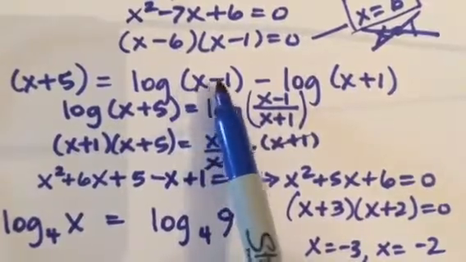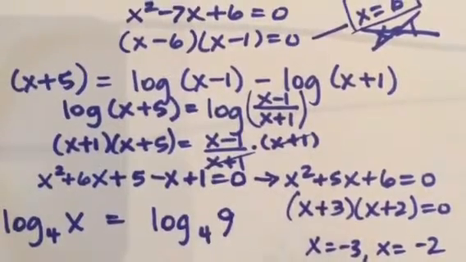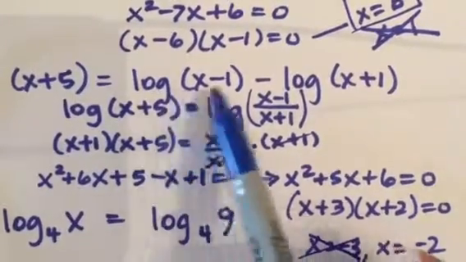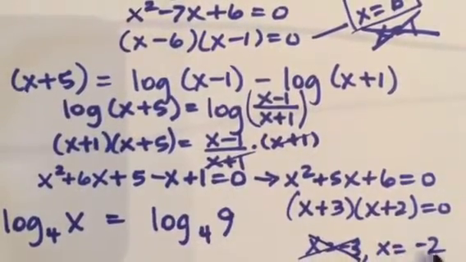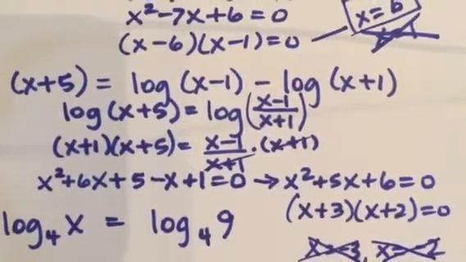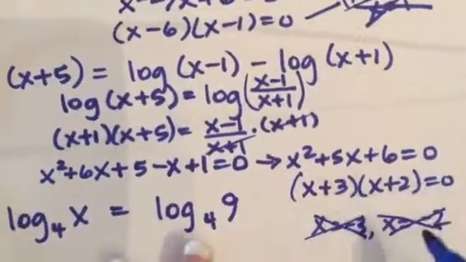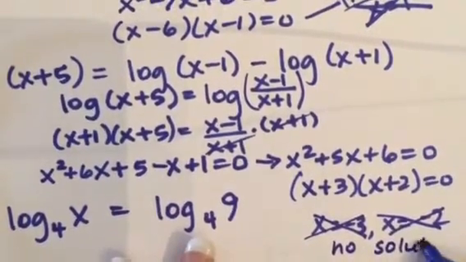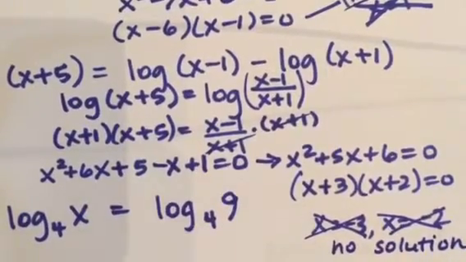So negative 3 minus 1 gives us negative 4. So this is a problem. And I think actually if we look at that same logarithm and we pull that negative 2 in there, we notice that that is also a problem. And so what we have is a no solution case. Okay.